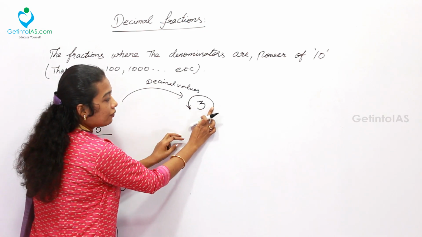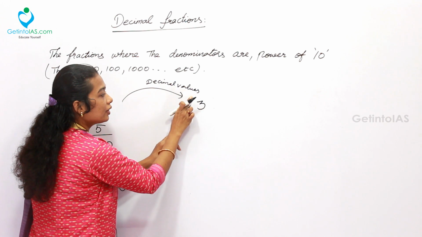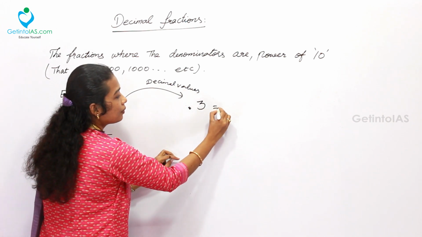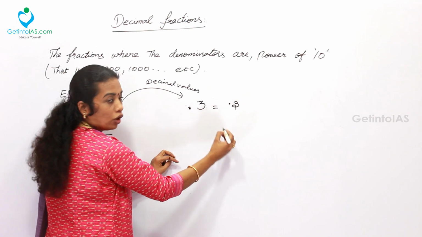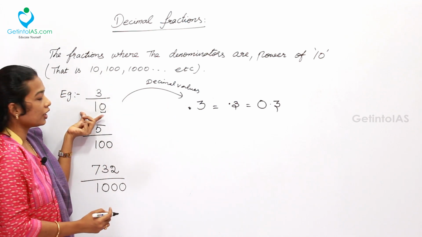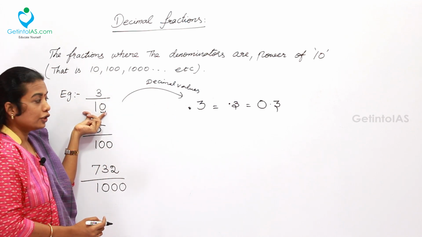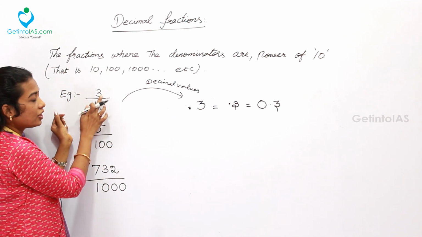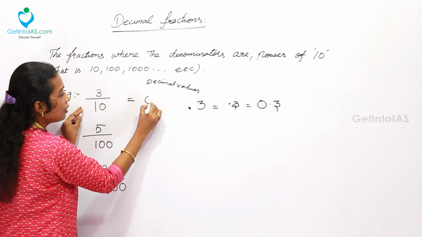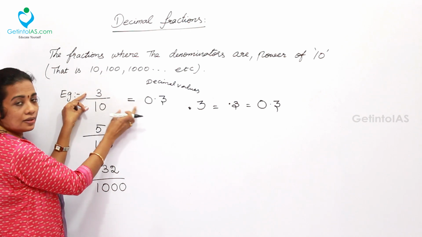If I move the decimal point over here, this will become 0.3. 0.3 is the decimal value for the corresponding fraction 3 by 10. So 3 by 10 is 0.3.